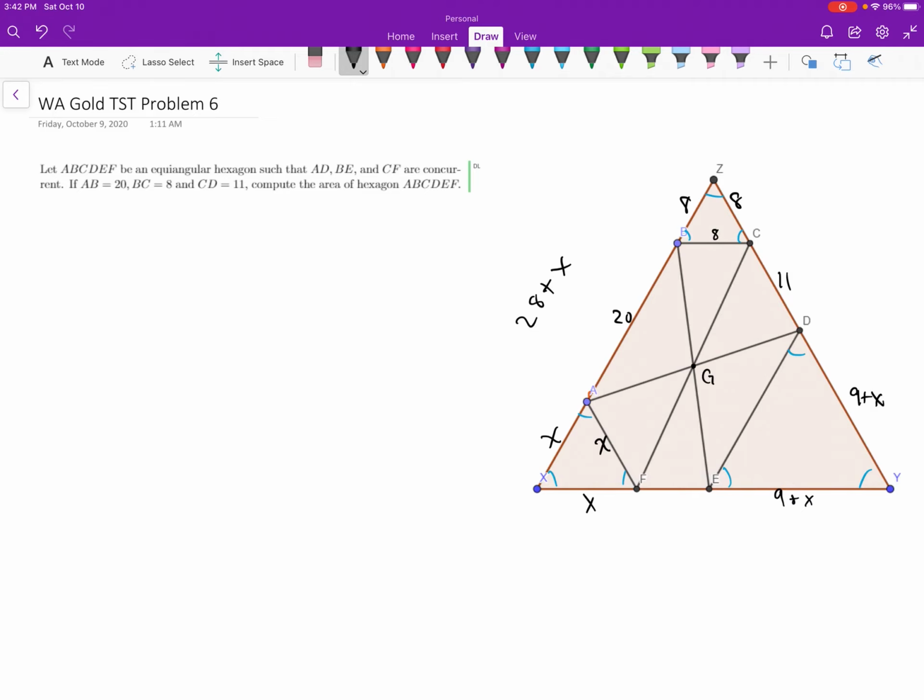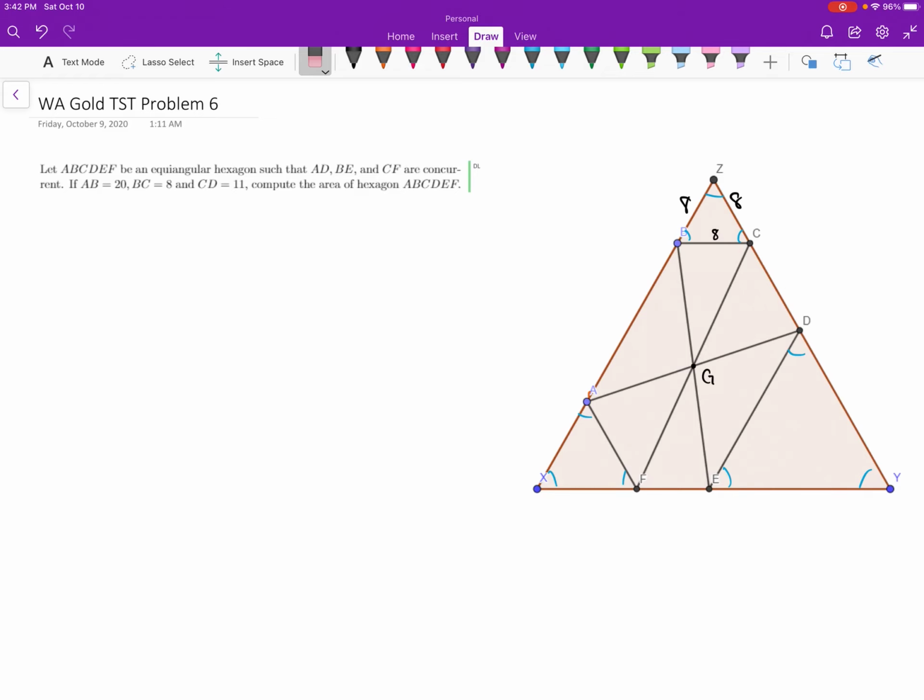I'll not orate all the details, but you can be assured that I can find all of the side lengths, and that if you know what x is, that will give you all the information you'll need to solve this problem.